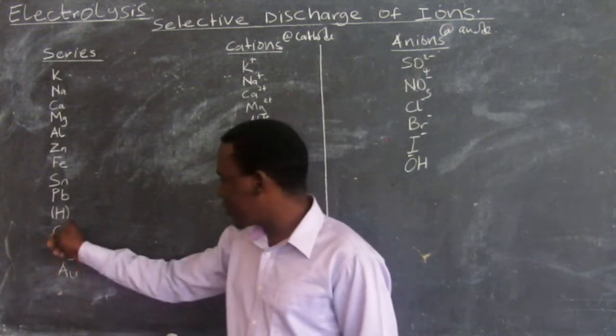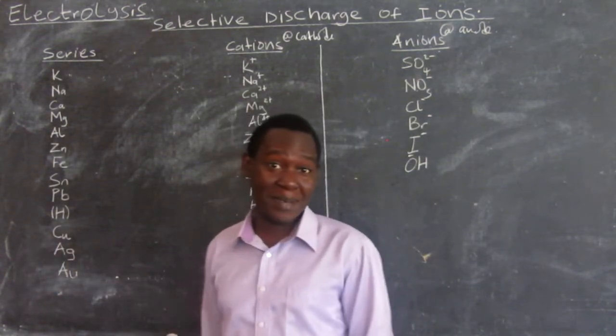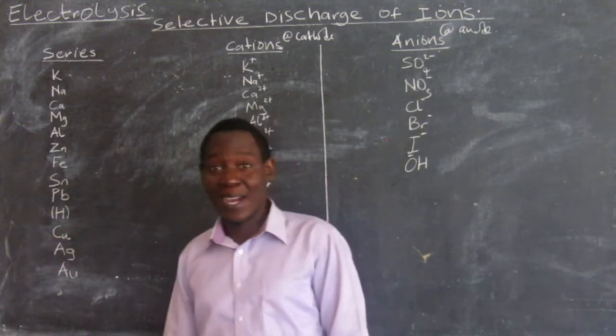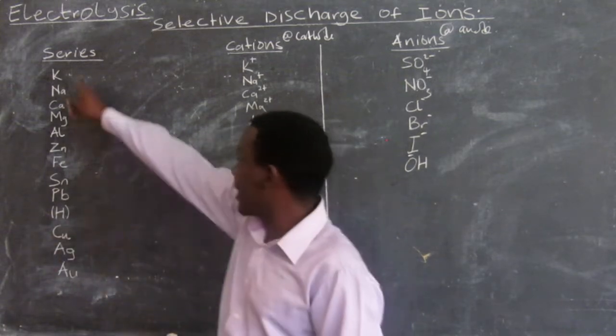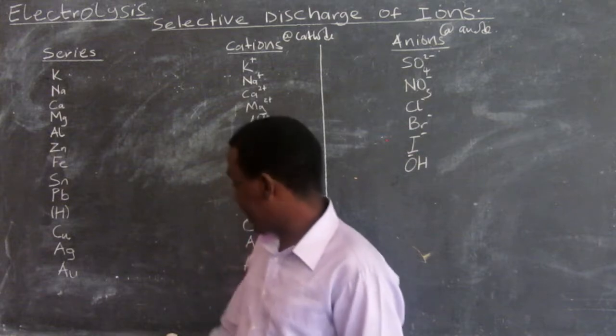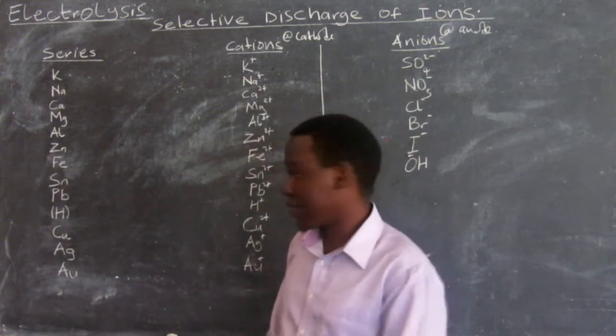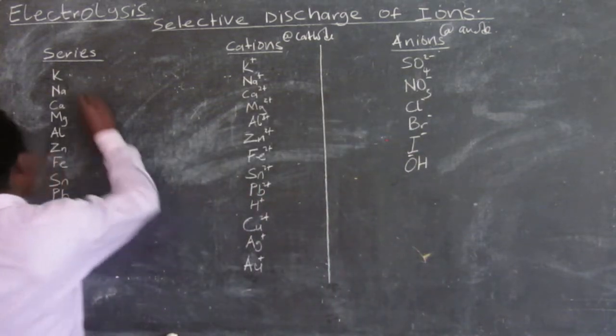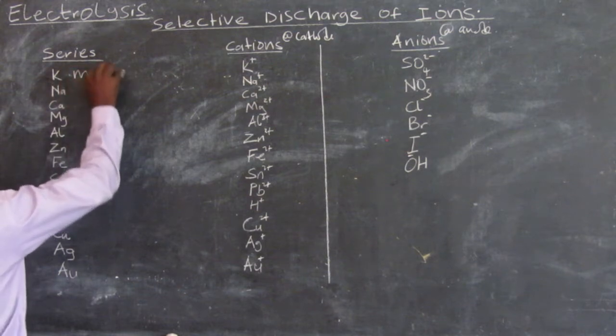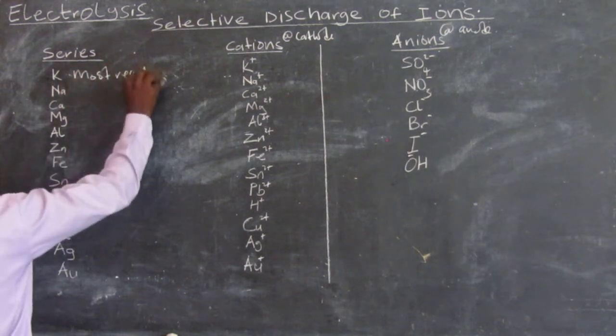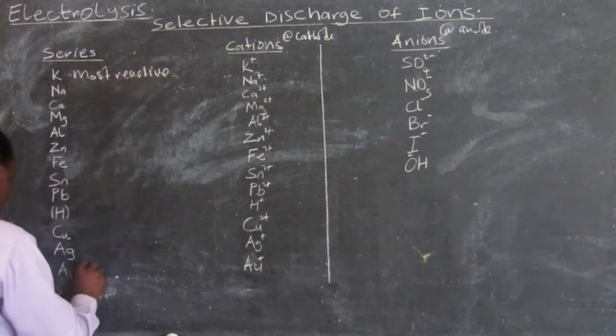Hydrogen appears here, though it's a non-metal. The element which is up is most reactive and the element which is down is least reactive.